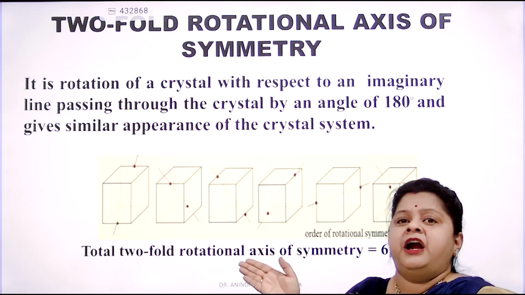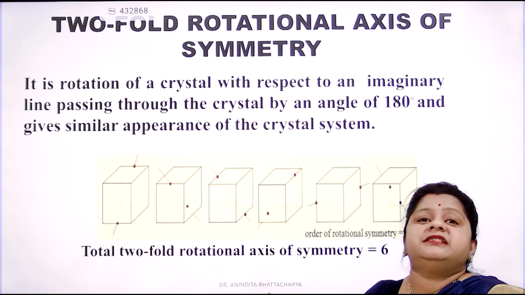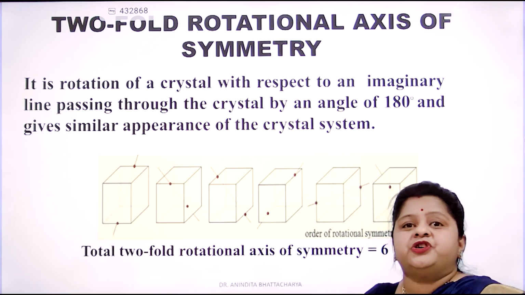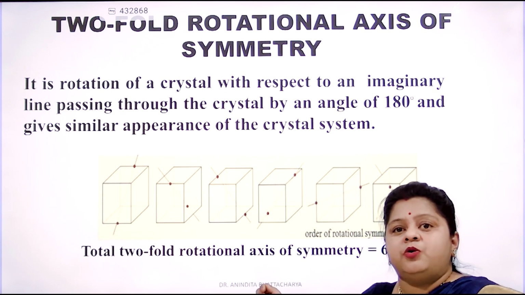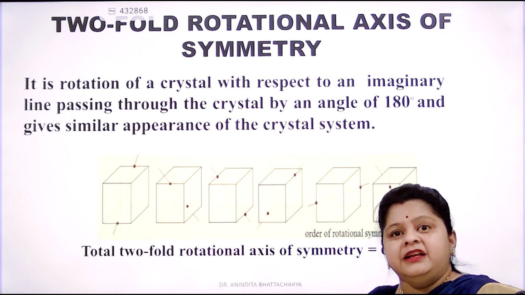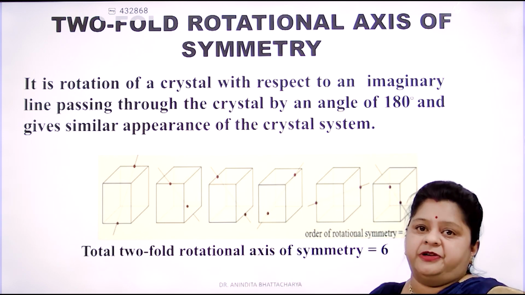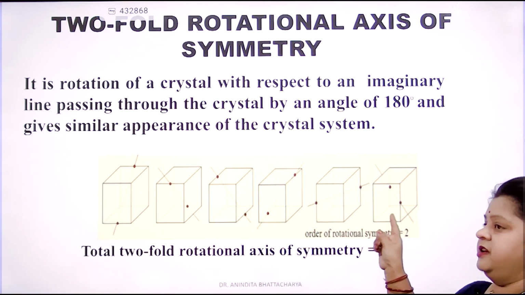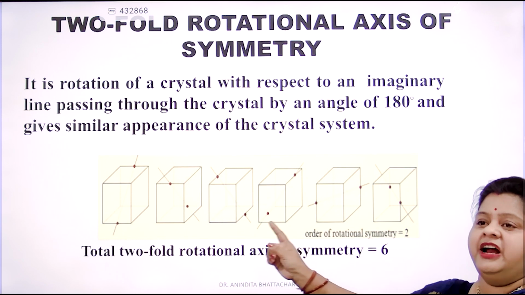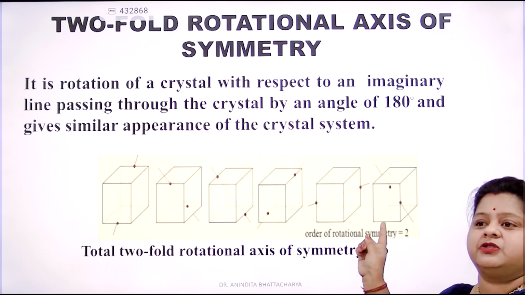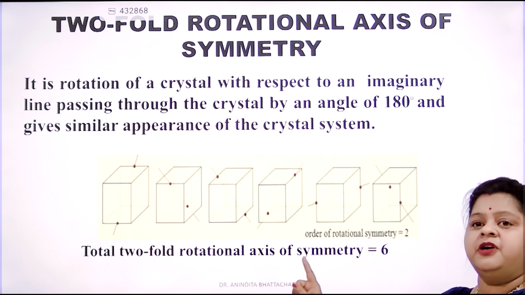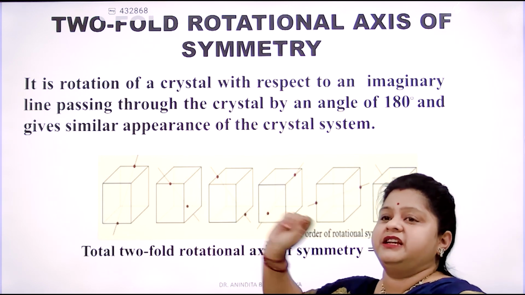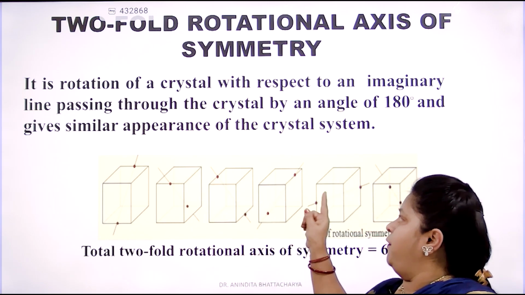If it is the front of the upper portion, it is the back of the rear portion of the same crystal. So it is going diagonally from top to bottom. Now you can see there are these many types of axes. So the total number of two-fold rotational axes is 6, because we have 6 figures in it: 1, 2, 3, 4, 5 and 6.